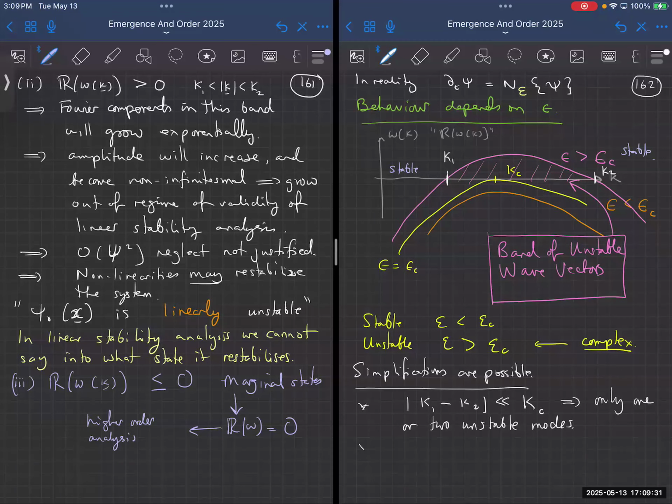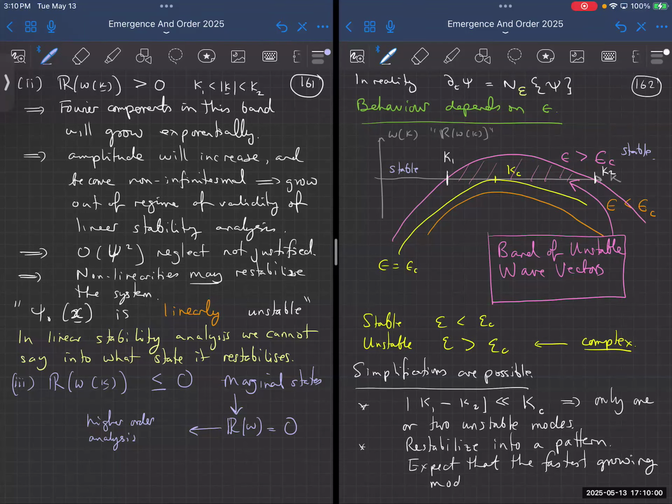And those modes will presumably restabilize. We'll have to see if they do or not, but let's suppose that they do. They might restabilize into a pattern. And what we would expect is that the fastest growing mode will give you the scale of the pattern.